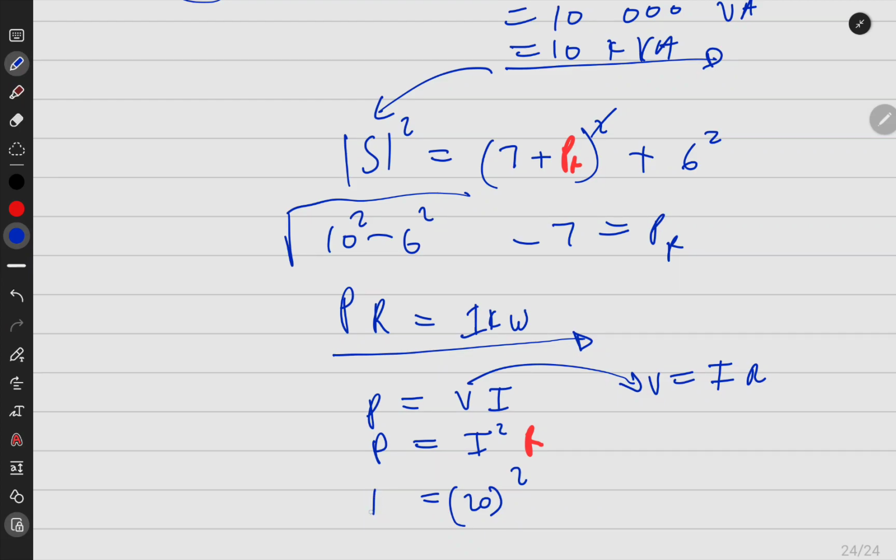The power for R, now we know, is going to be 1, let me just use 1000 because it's kilo, and we're trying to find R. Then if we do the correct math, it's going to be 1000 divided by 20 all squared. The correct answer is going to be 2.5 ohms. So we have solved it.